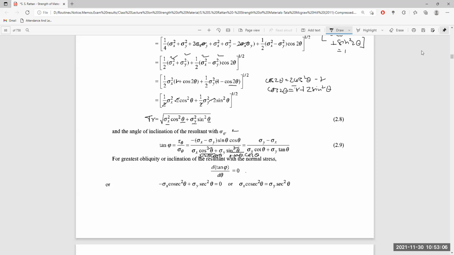So thus it becomes sigma x cosec square theta plus sigma y sec square theta, which is equal to 0. Now if we take the derivative of tan phi with respect to theta, what will we have?